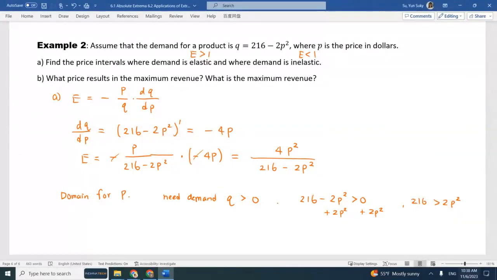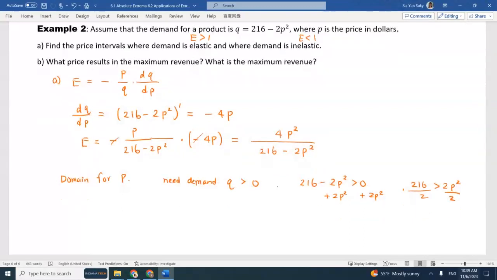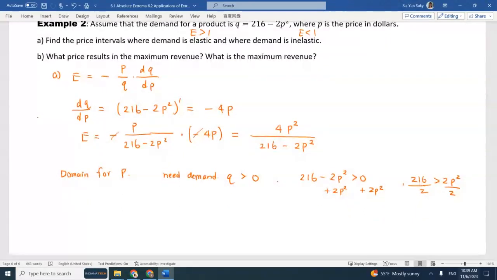Divide both sides by 2. By the way, when you work with inequality, you can add or subtract any number, right? It won't change the inequality sign. If you multiply or divide by a positive number, it won't change the inequality sign. But if you multiply or divide by a negative number, the inequality sign will flip, right? Yes. So that's why here 108 greater than p squared.